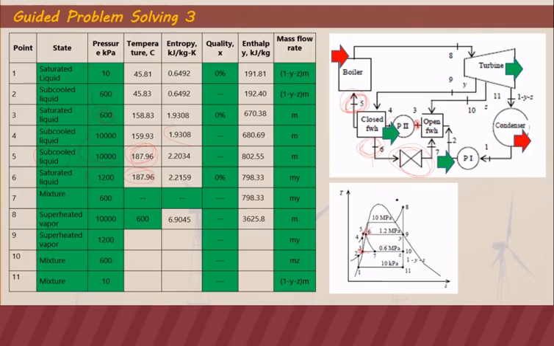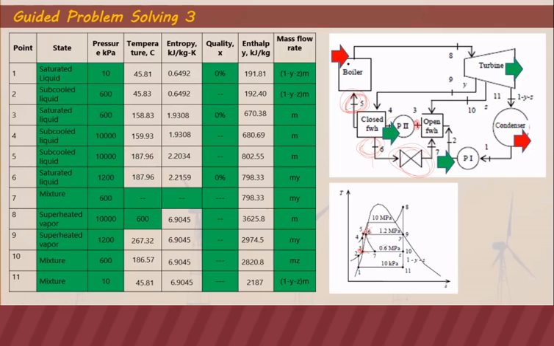And then we can see that 8, 9, 10, and 11 is a straight line, meaning that it's an isentropic process. Therefore, they have the same entropy. And since we have entropies and other values here, we can get the other quantities using our software. So by that, we are able to complete the table.